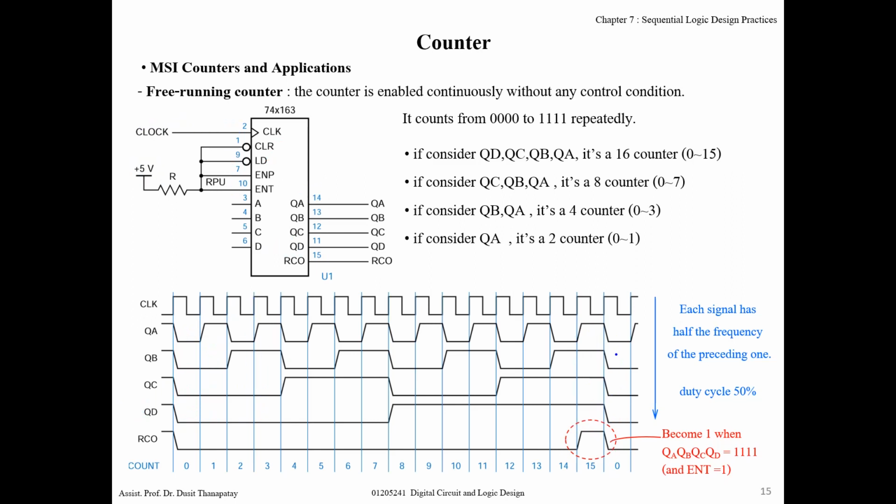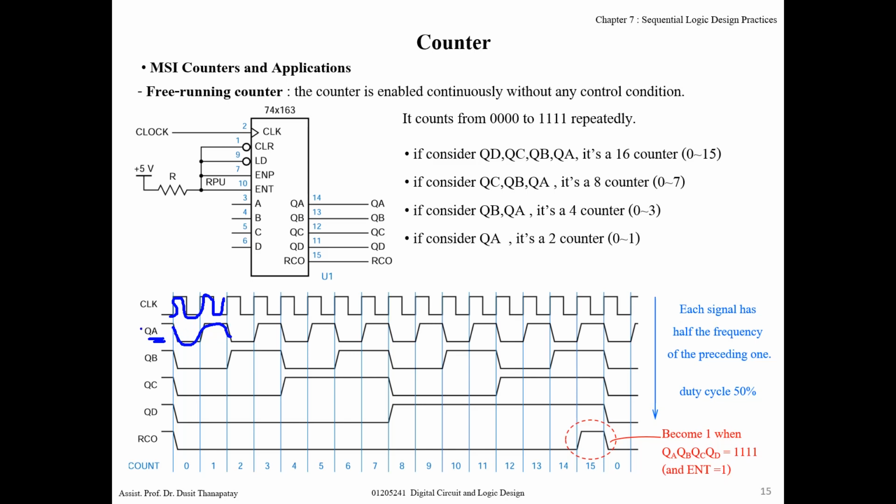And please take note of the clock frequency and the LSB frequency. The frequency of the LSB is half of the clock frequency, right? 2 periods of the clock equal 1 period of the LSB, QA.